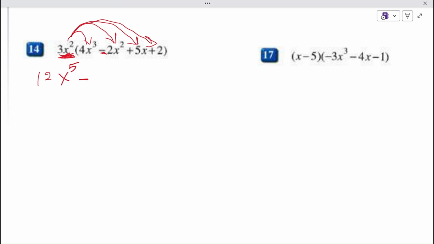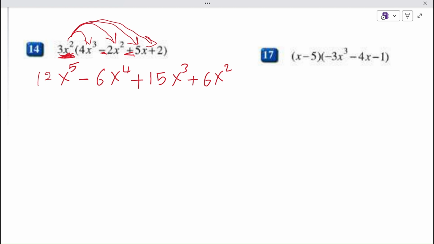Minus 3 times 2 is 6, x, write 1 x, then 2 plus 2 is 4. Here we have plus, write plus here. 3 times 5 is 15, x to the power 1, x to the power 2 is equal to x to the power 3, plus 3 times 2 is 6. Here we have no x, just write x to the power 2.